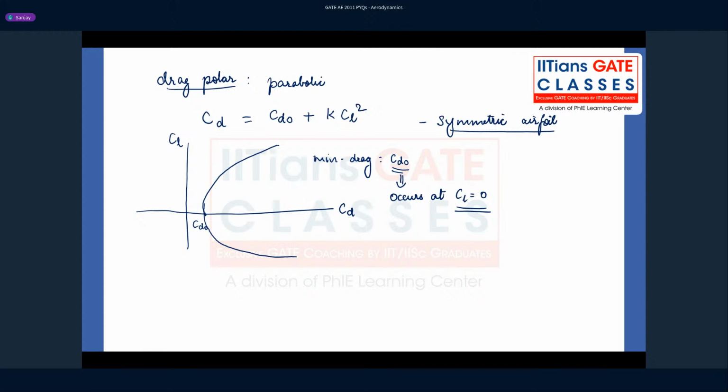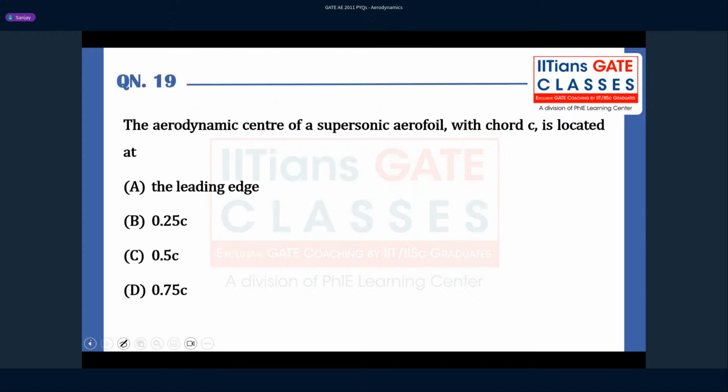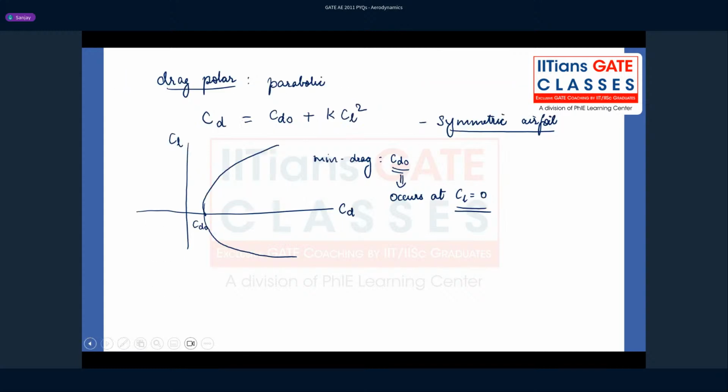Now, what happens in an asymmetric aerofoil, when you have a camber? Generally, your CL-CD curve, that is the drag polar curve, looks a little bit different. When you have a camber, the minimum drag is not CD naught.